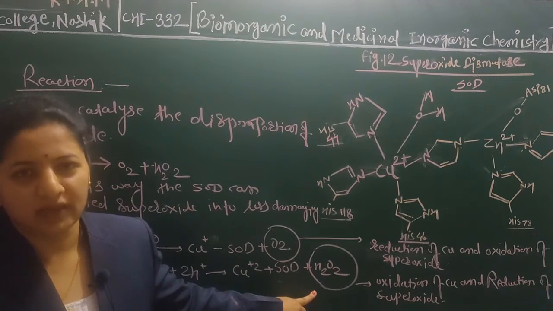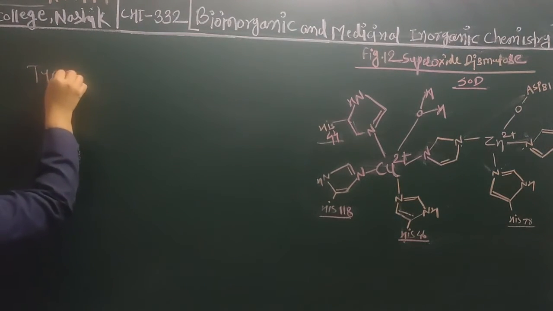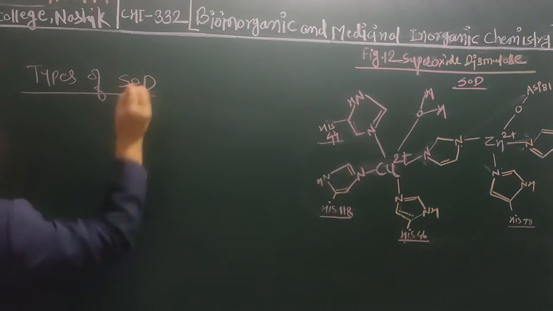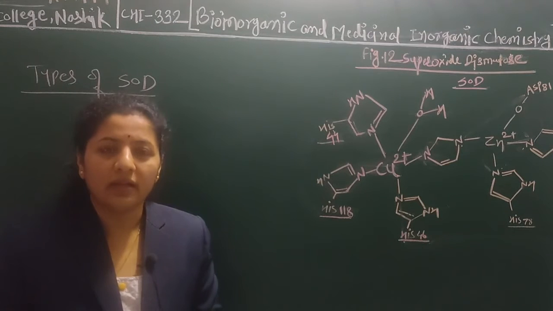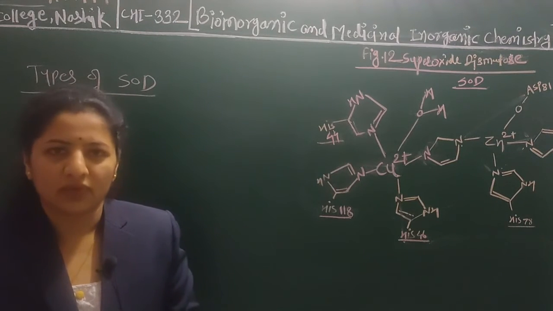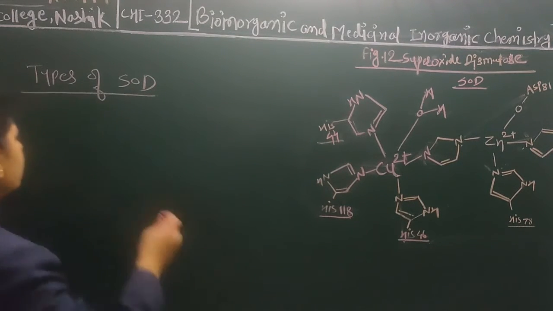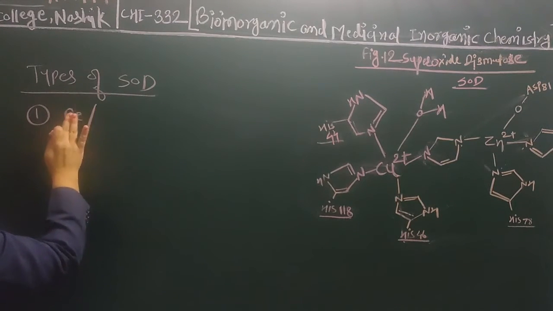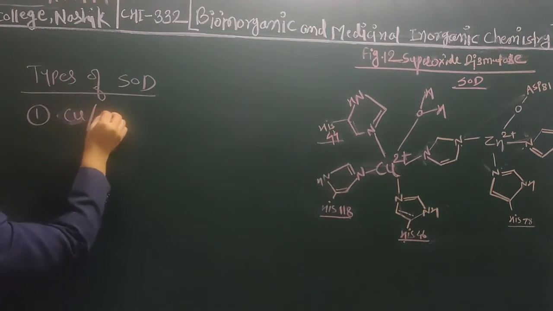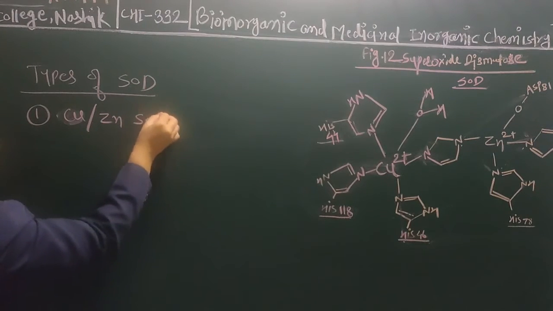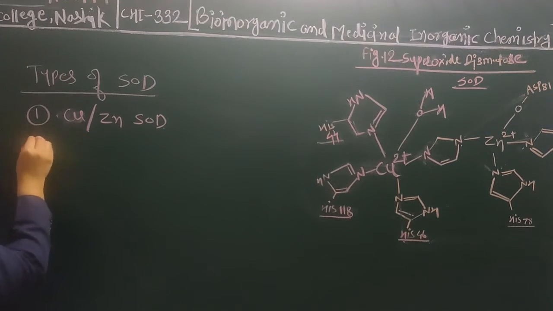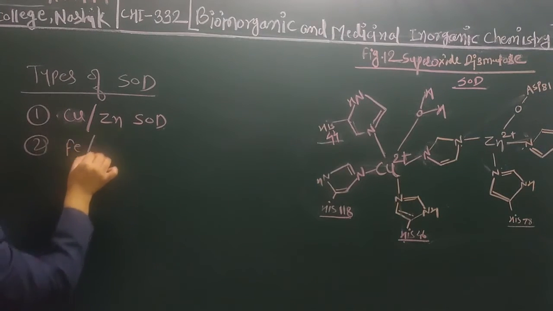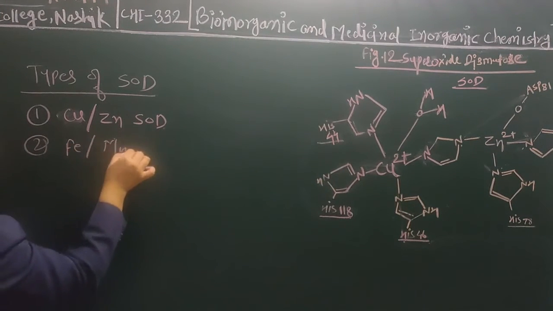Now let's discuss the types of superoxide dismutase. Depending on the protein fold and metal cofactor, there are generally three major types. First, copper and zinc SOD. Second, Fe and manganese SOD.